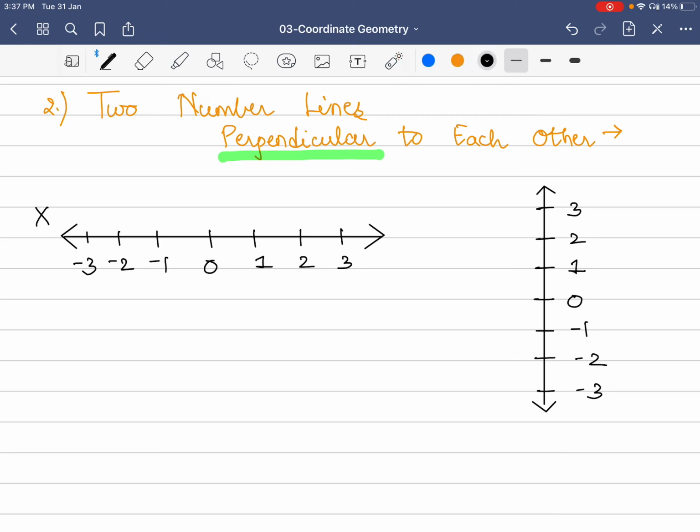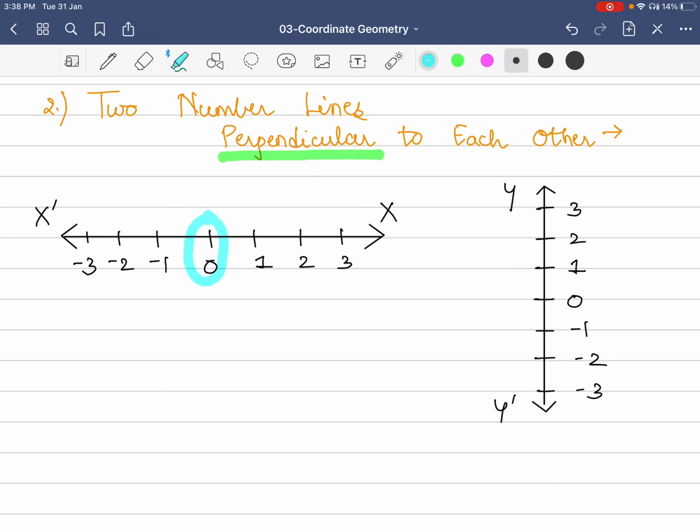So let's call this x dash and x. Okay, it's a line basically. So x dash and x, and let's call this y and y dash. Now let us overlap these lines on each other such that they are perpendicular to each other, and the 0 and the 0 of these lines intersect with each other. So I'm going to use highlighter again.